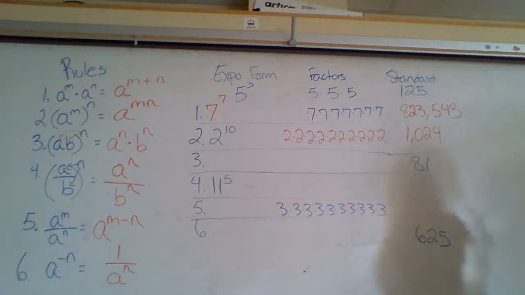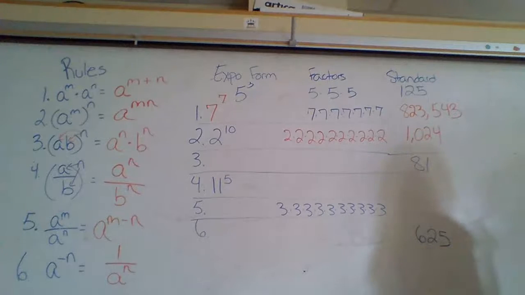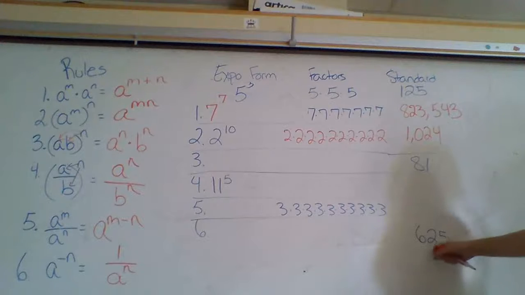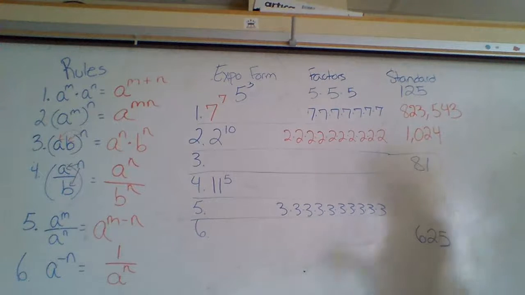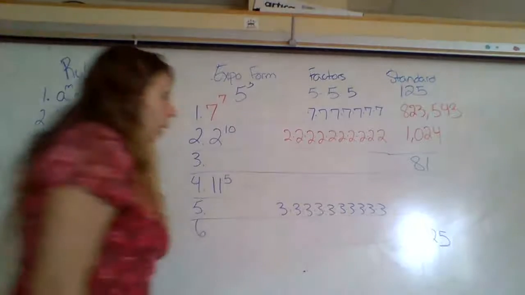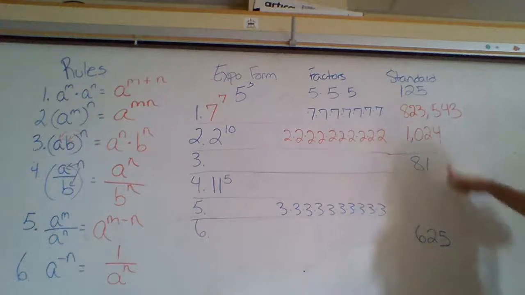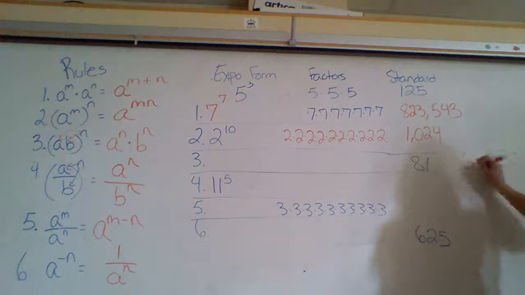All right, the last kind is they'll give you the standard form, and you have to figure out the factors. We'll do 6. I think it's a little bit more difficult than 3. So if you're going to factor 625, hold on one second. Some of these you might have memorized, and that's fine, but you can always, if you're given standard form, break it down into its factors.